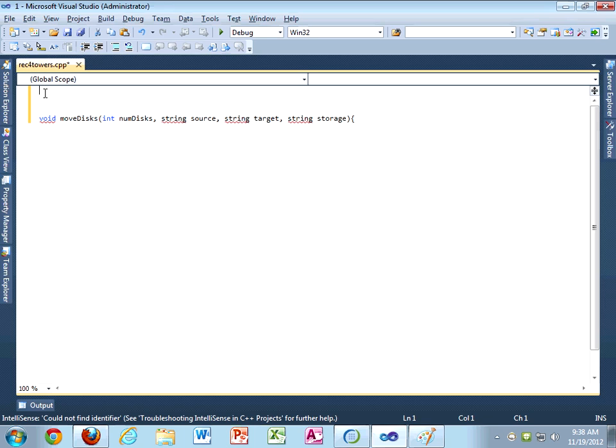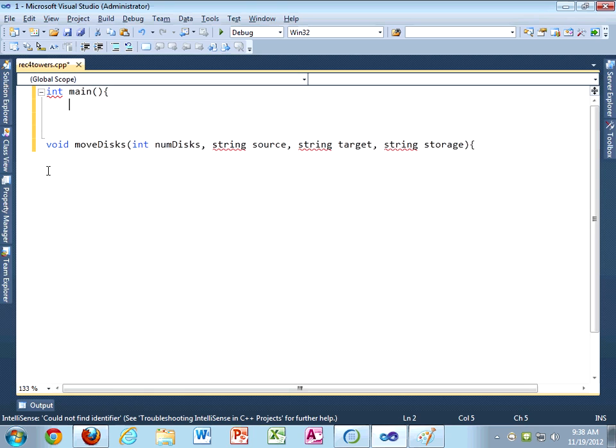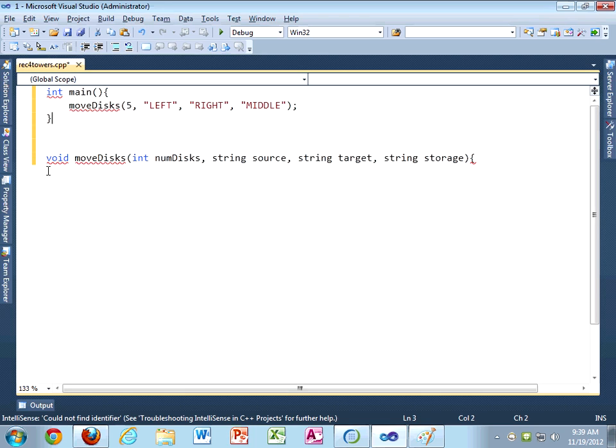So when I call move disks in main, we're going to say move disks 5. The source is going to be left. The target is going to be right. And the storage is going to be middle.